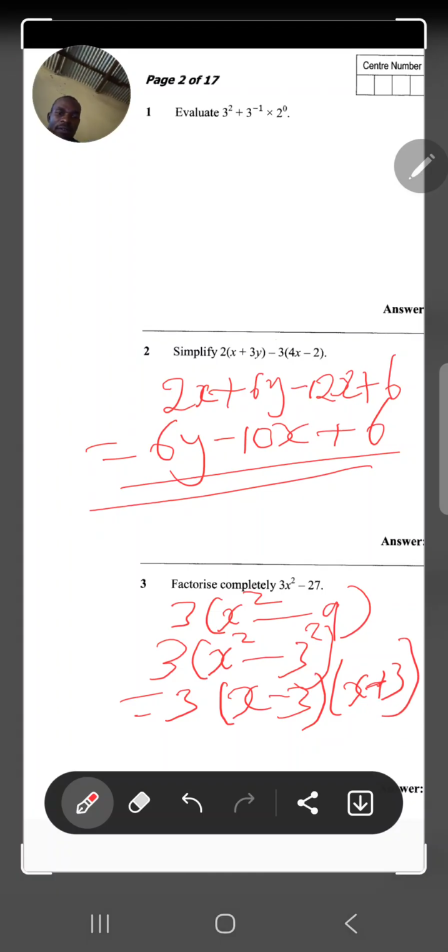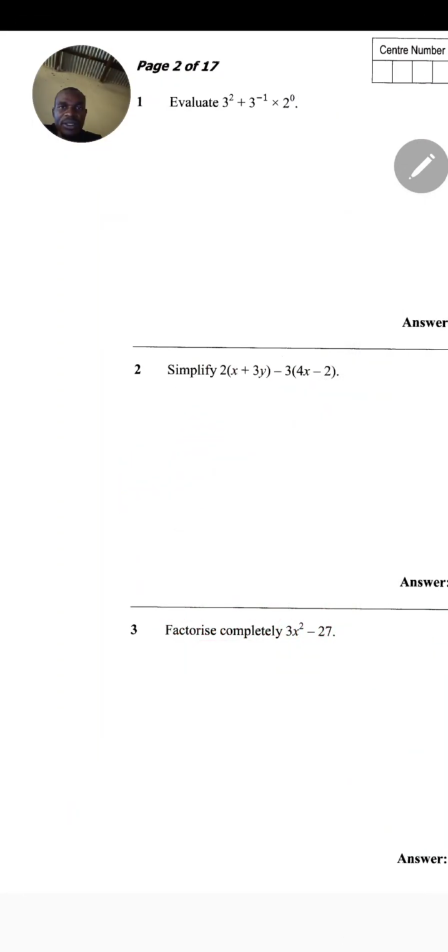When we are finding the difference of 2 squares, one expression will have just a minus, another expression will have a plus. That's how we solve this problem.